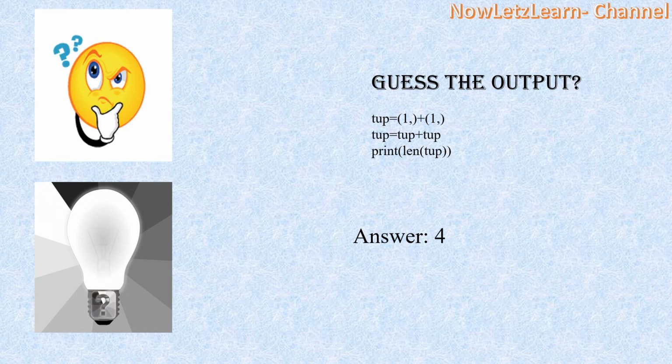And how many elements do we have? 4 elements. That's the reason why you get the output as 4 for the length of tup. If you got this answer right as well, then you're on the right track. If not, no problem. We can always revisit and refine our basics.